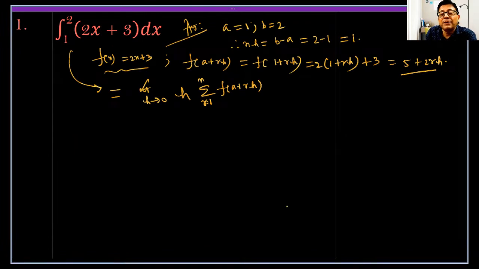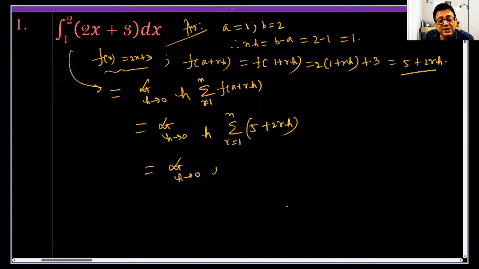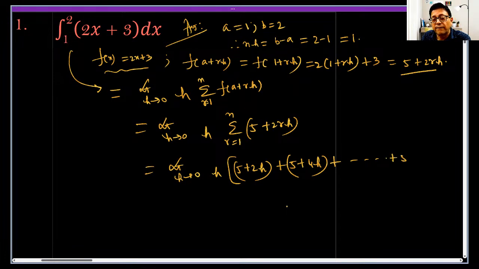So f of (a plus rh) we will put there. Limit h tending to 0, h, r equal to 1 to n, of (5 plus 2rh).